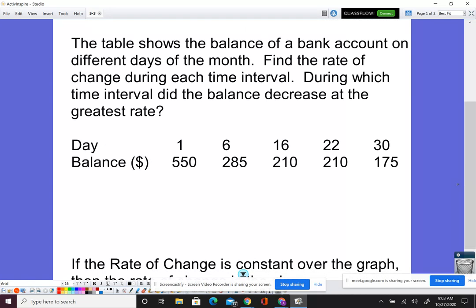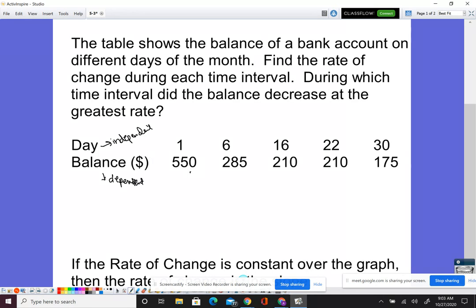So remember that we're making a ratio of the dependent variable over the independent variable. And in this case, the day of the month is the independent variable, and the balance is the dependent.